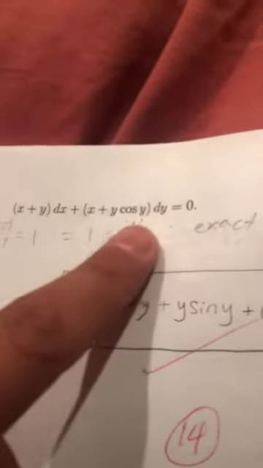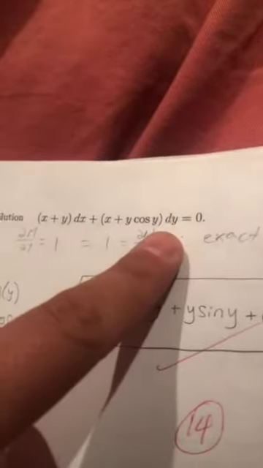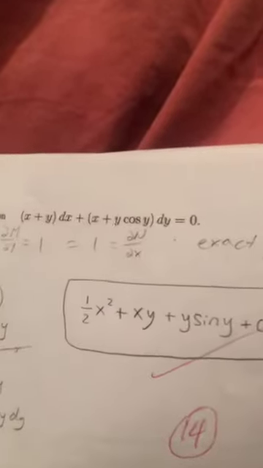So g'(y) times... plus x, and df(x, y) with respect to y is going to be your x + y cos y.